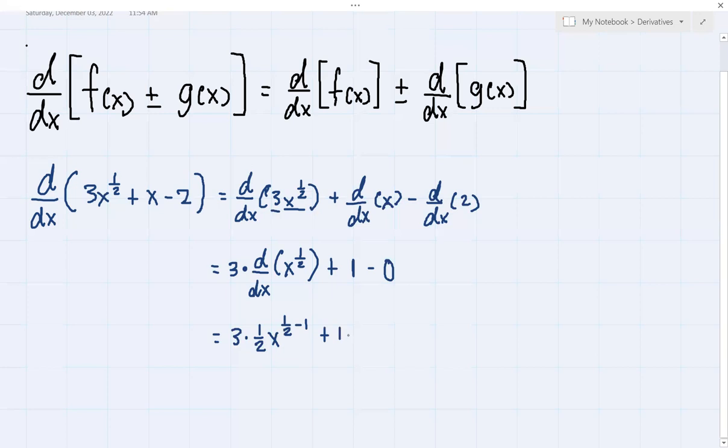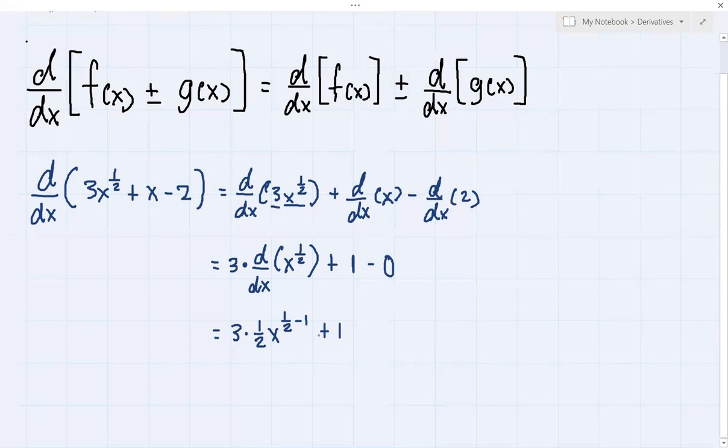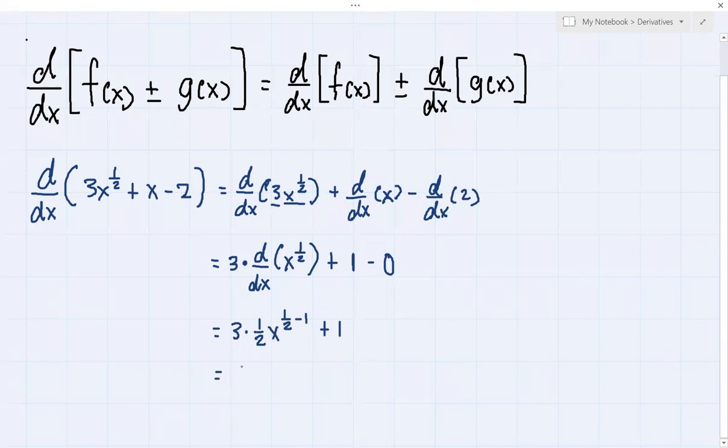Then let's copy the other terms. 1 minus 0. Kung i-combine mo to, 1 minus 0, the answer is 1. So we can just leave as 1 as it is. Okay? So let's combine. We will have 3 halves times x raised to 1 minus, 1 half minus 1 is negative 1 half.